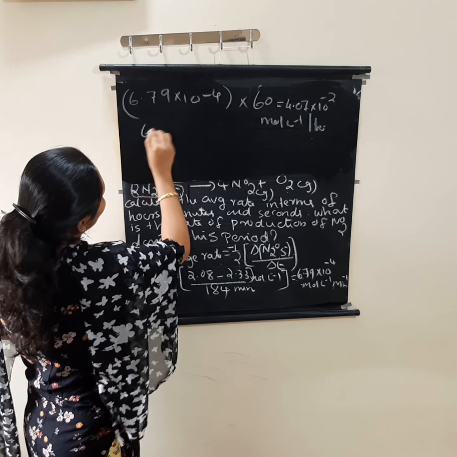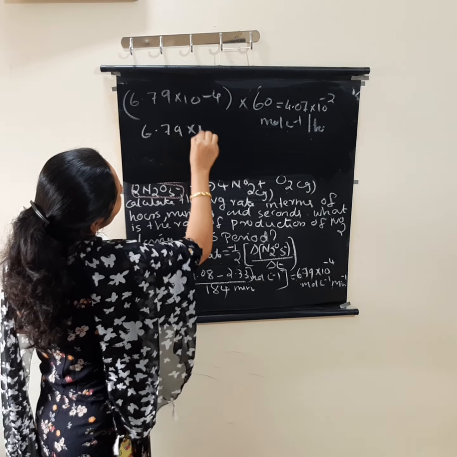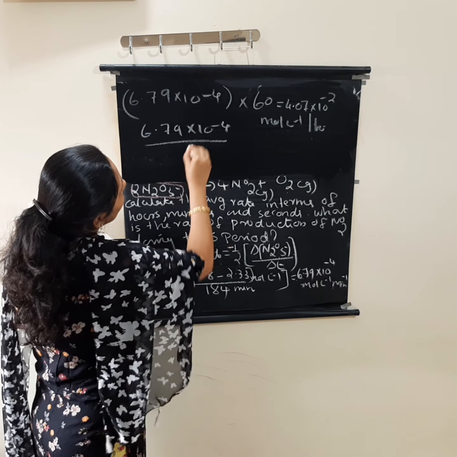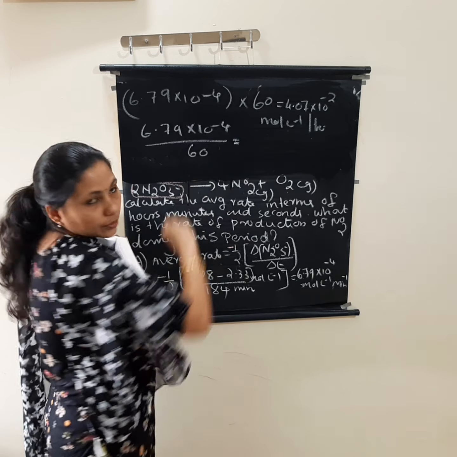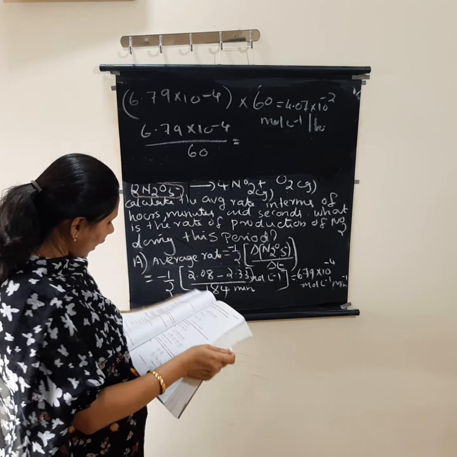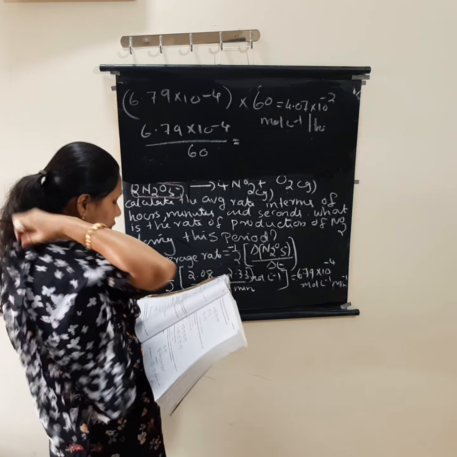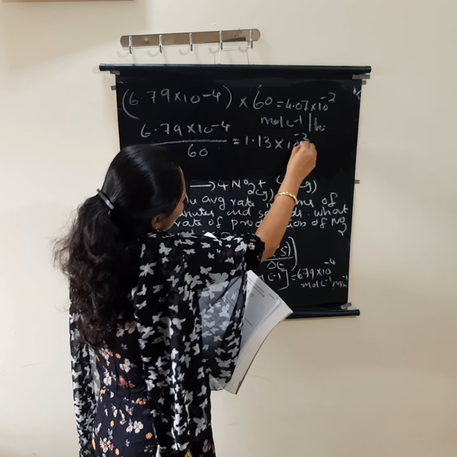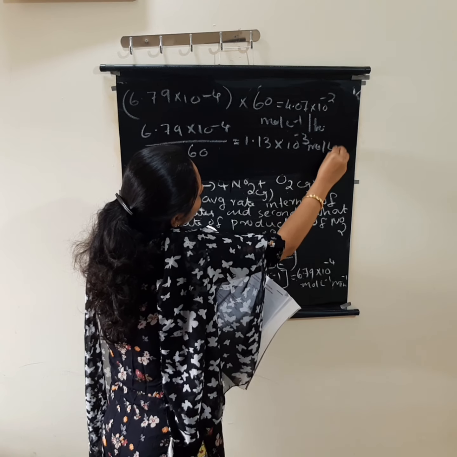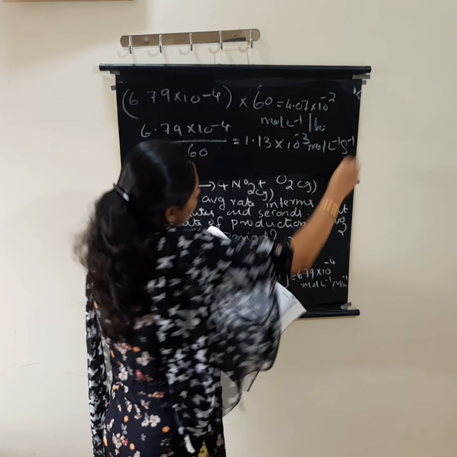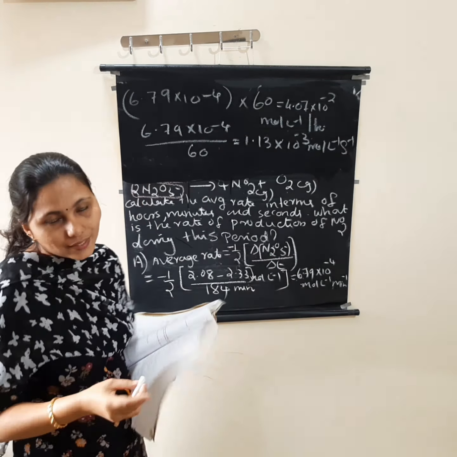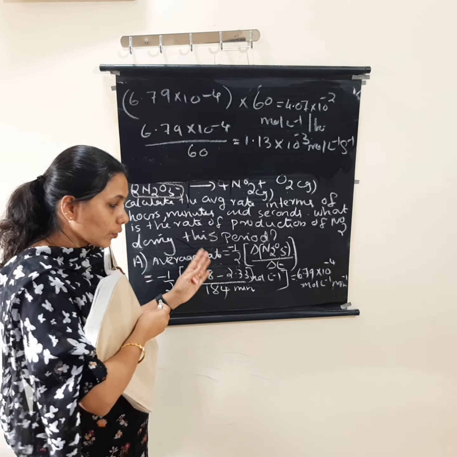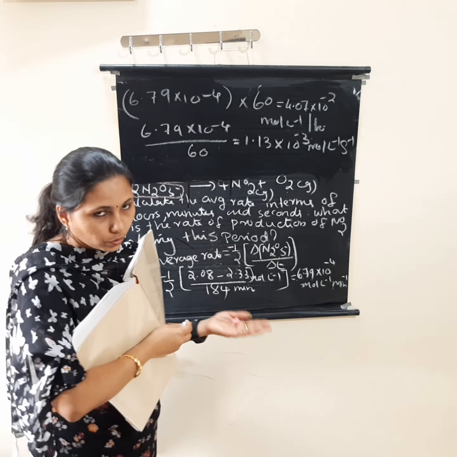So 6.79 into 10 raised to minus 4 divided by 60 seconds. After calculation, the answer is found to be 1.13 into 10 raised to minus 3 moles per liter per second. So the question is very big but the problem is easy.